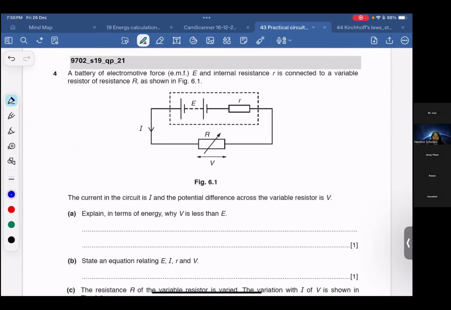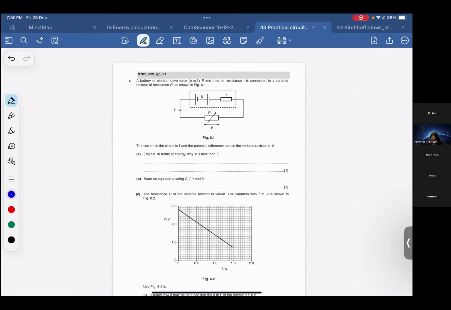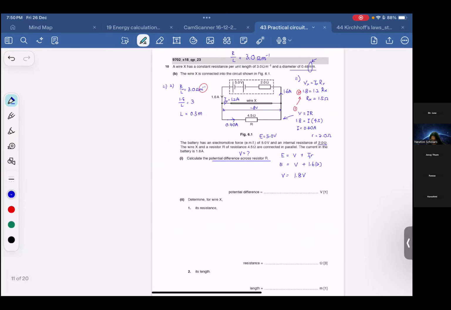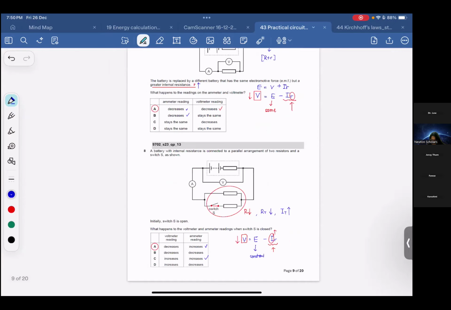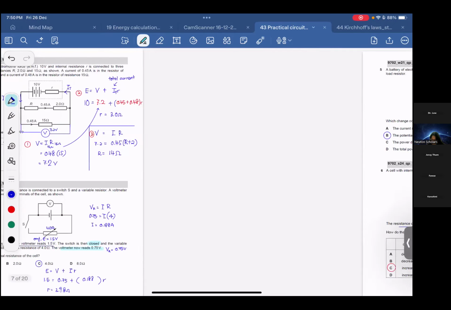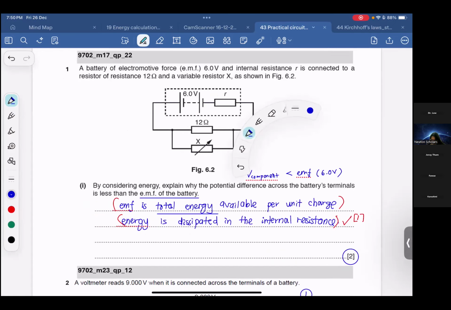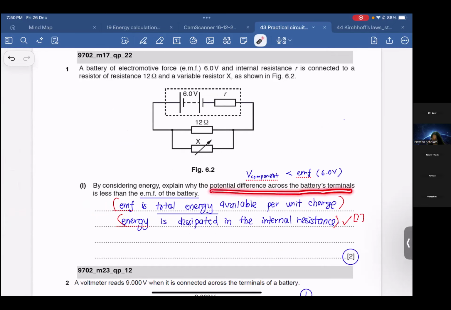Why? So we did this question before, if not mistaken. Let me check. Last time I told you this one is important. Where is it? Yeah, here. Okay, why is the potential difference across the battery terminal, that means the voltage across the component, always less than the EMF?